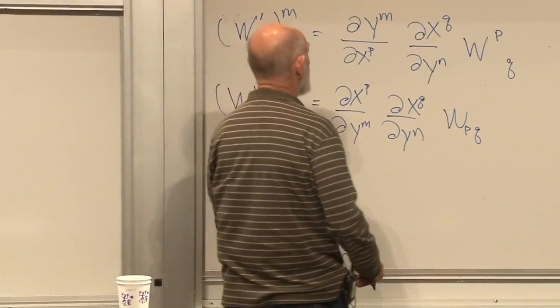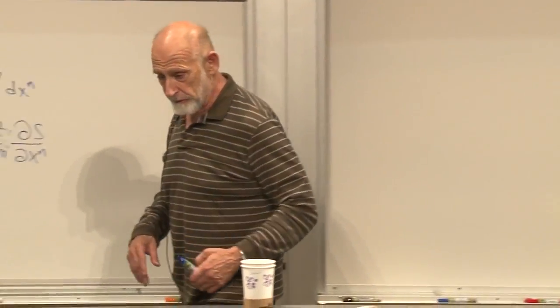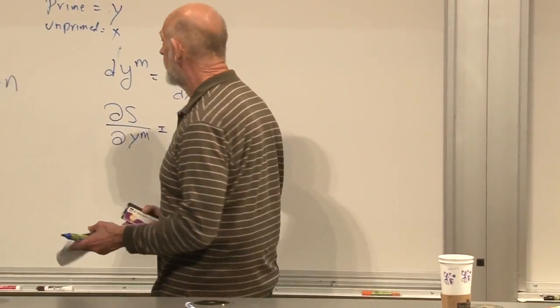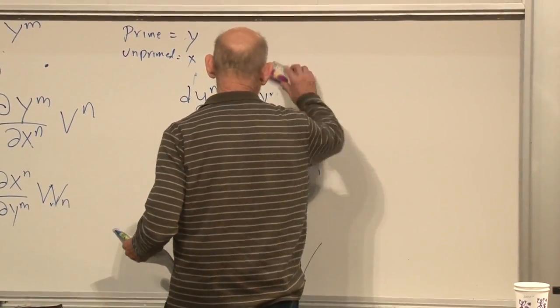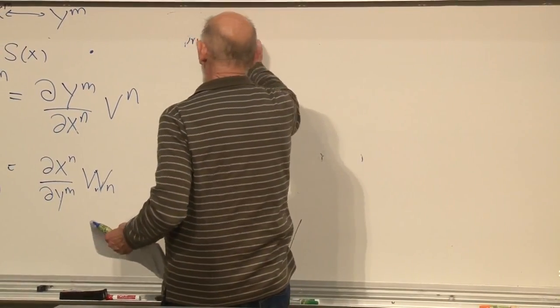Okay, so let's write down some set of operations, and then I'll go through what they are and how you do them. They're very simple. Well, most of them are simple. The last one is not simple.